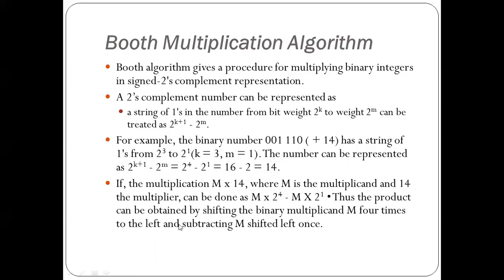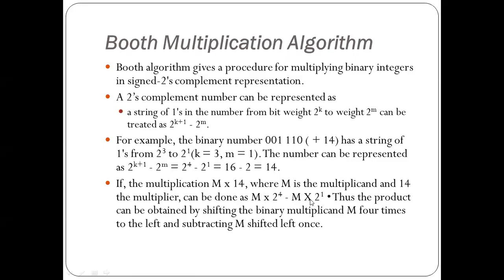And for such a number, if it is one of the numbers to perform the multiplication and M is the multiplicand, whenever we want to perform M into 14, I know my 14 can be represented in this way. Then my multiplicand has to be multiplied by 2 power 4 minus M into 2 power 1, which will be your final product.